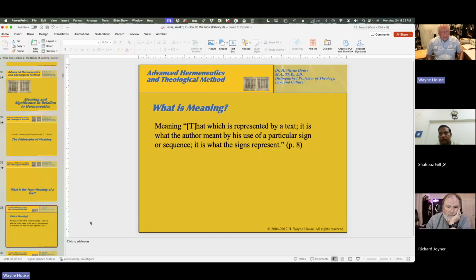Words have certain meanings, and they can't mean everything in every context. So, what is that meaning represented in that text? A person doesn't just put a word in, they have to put a word into a framework of words.